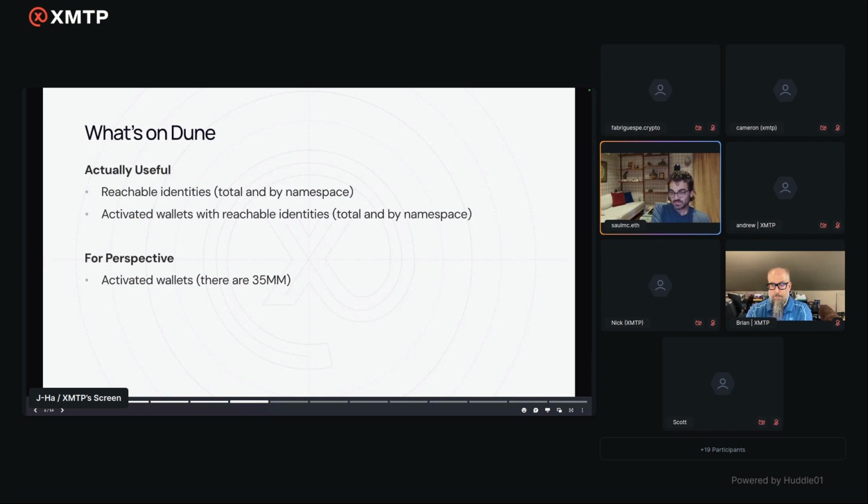They're showing up in the spam tabs of apps that even display spam. Many of the apps today in XMTP have great spam detection and filtering, and even just filter these out. So, despite the fact that there's 35 million wallets on the network, we actually have a core community of this 1.95 million reachable identities that are able to experience and chat on XMTP without spam intruding on their experience.